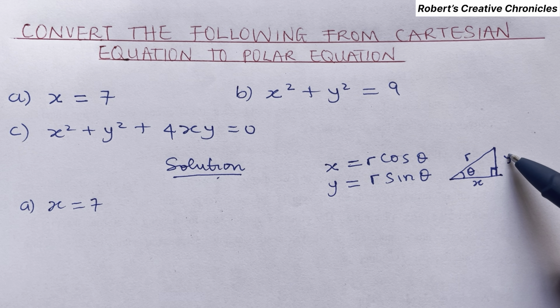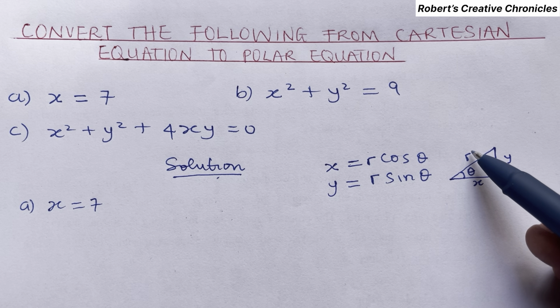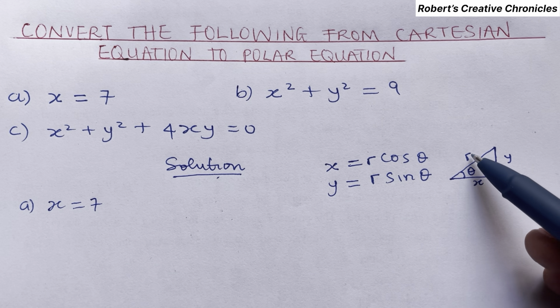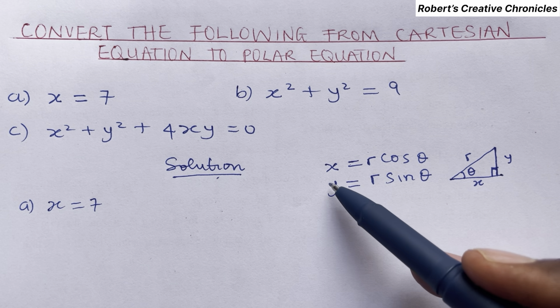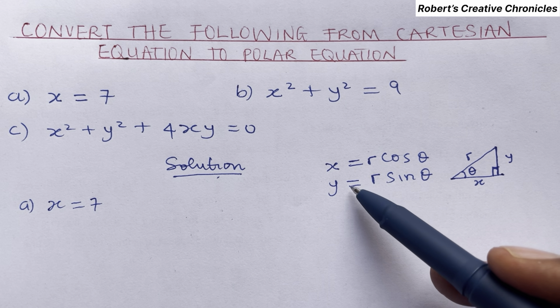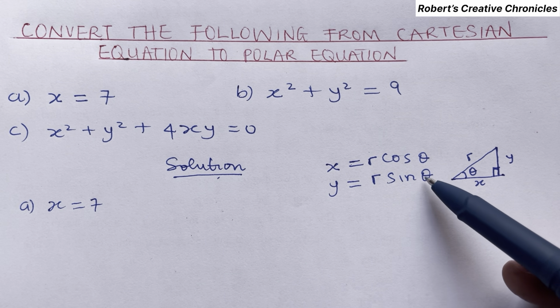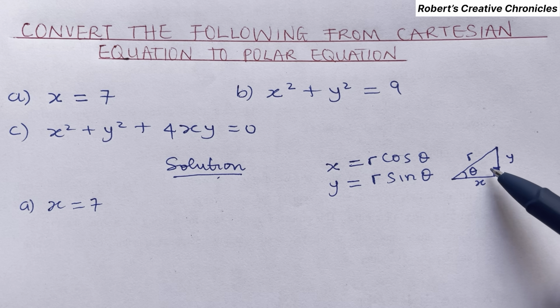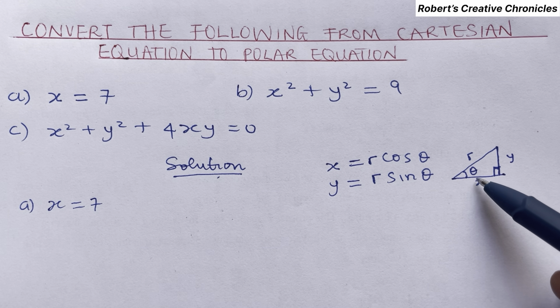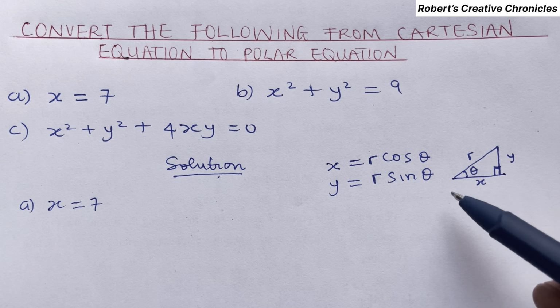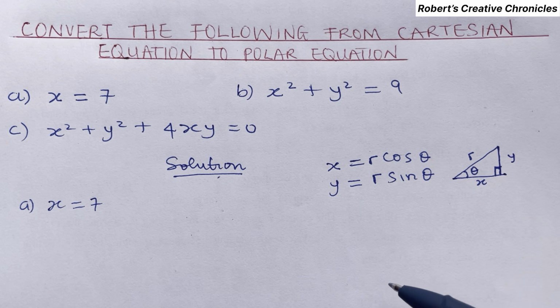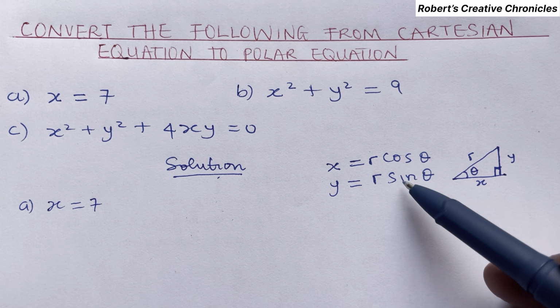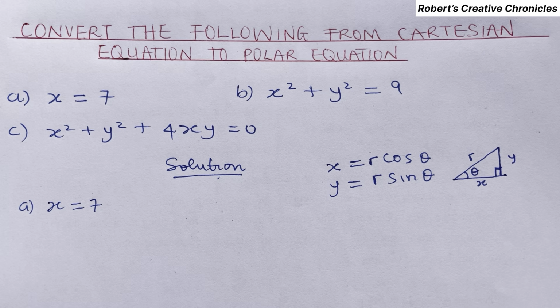Y, which is the opposite, over hypotenuse. And r is the hypotenuse, so sin theta will be equal to y over r. When you divide both sides by r, you get it. Then cos theta is equal to adjacent over hypotenuse, which is equal to x over r. So these two substitutions are gotten from this.